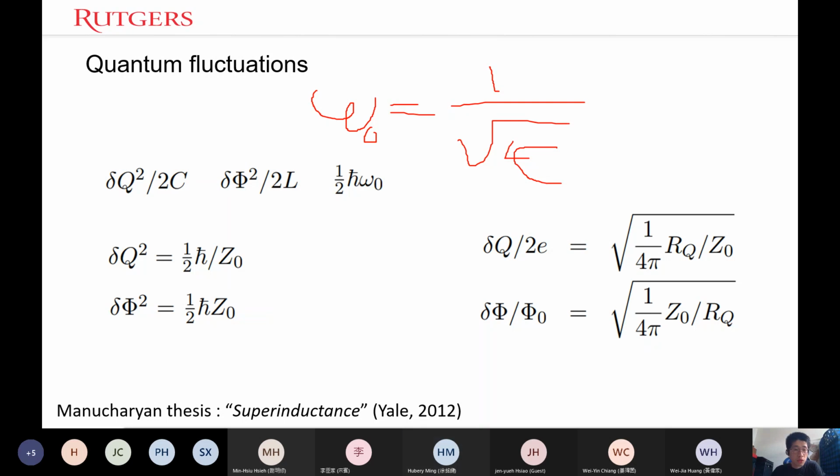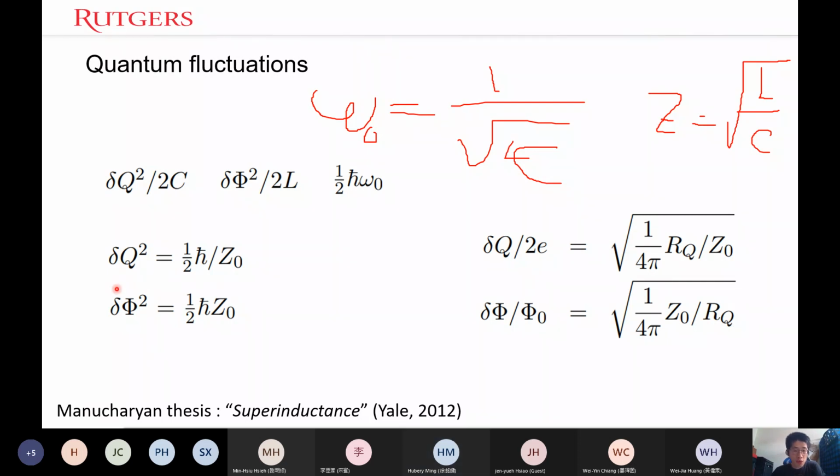So you have LC here, you have LC here, and if this one equals this one, you can get an idea. Here's another equation: the impedance of a circuit is the square root of L over C. Basically we can convert it into this.